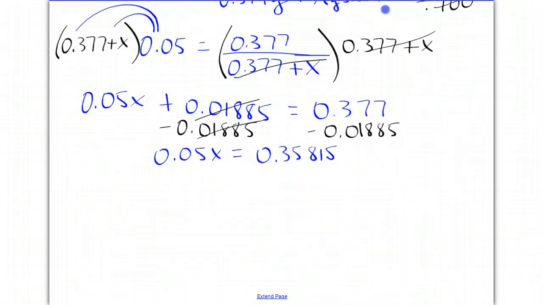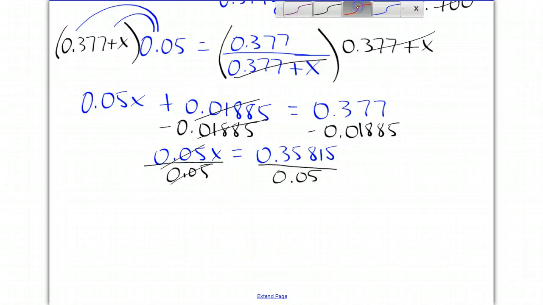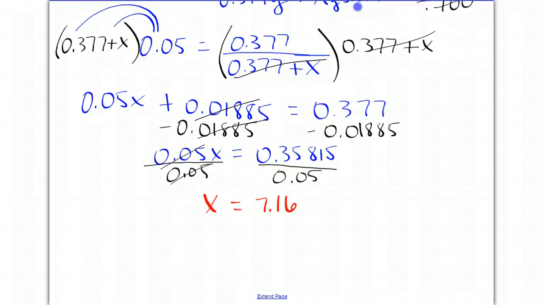And then finally, we want to divide both sides by 0.05, causing my 0.05s to cancel, and I'm left with x equals 7.16 grams of solvent.